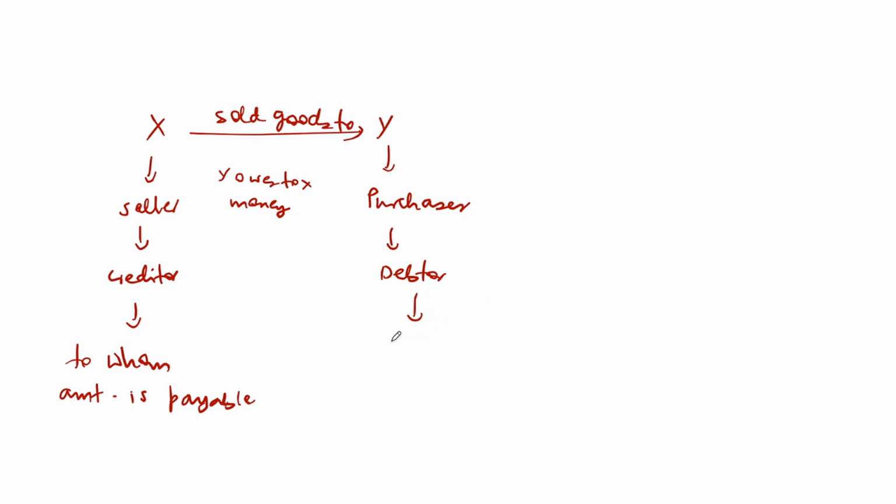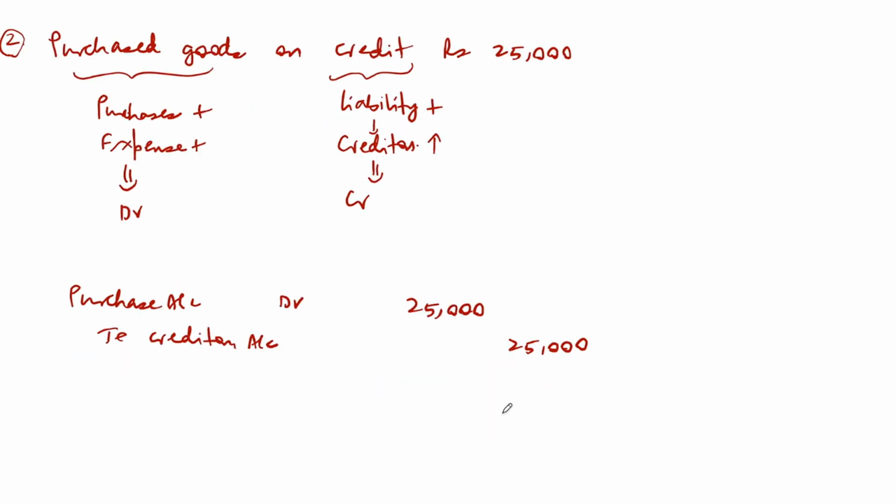And debtor is the person or the party from whom the amount is to be received for the goods and services. Have you understood this clearly? So the entry is also done, purchase account debit to creditors account, and you will write narration being goods purchased on credit.